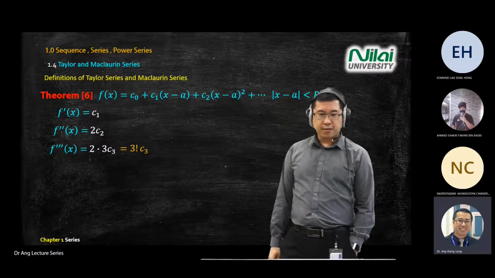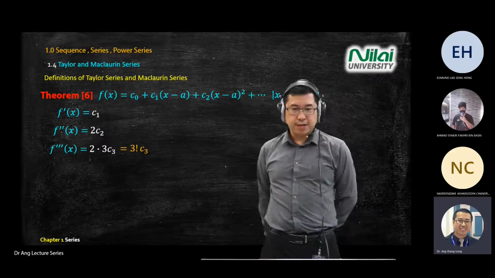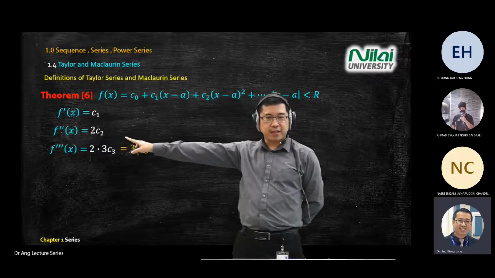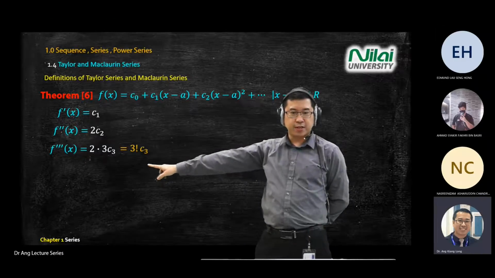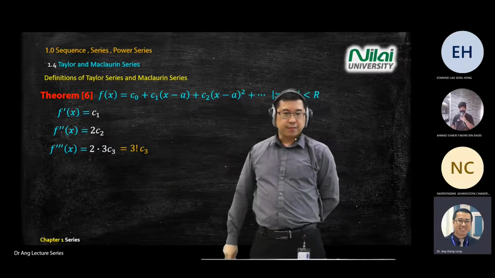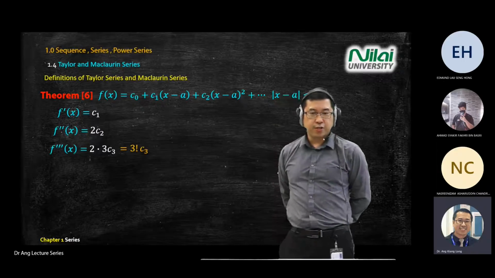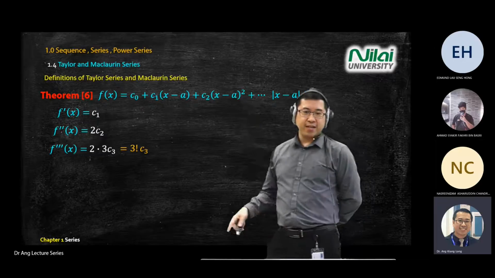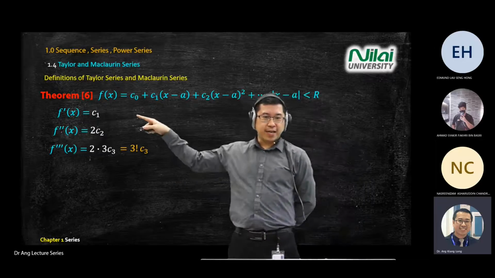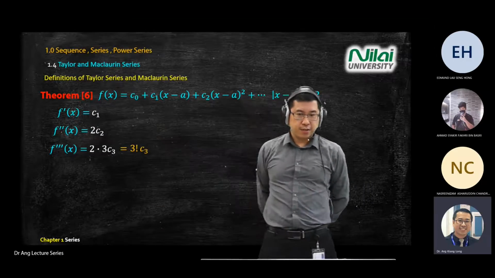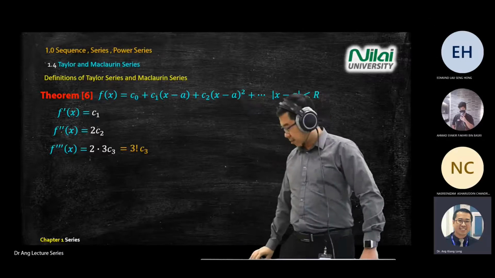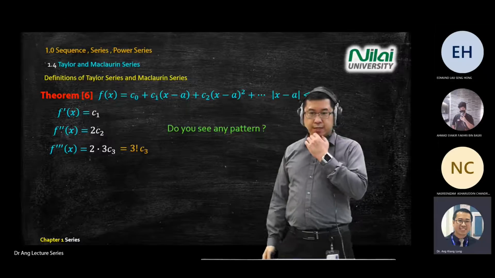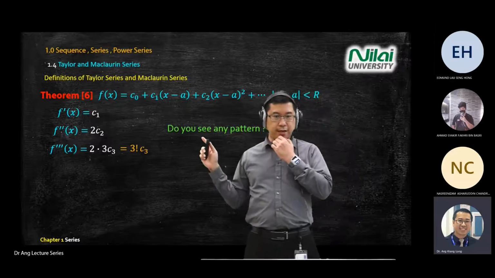Can you try to think, maybe 10 seconds, about how you convert this pattern into the general equation? Use the subscript n or superscript n to represent this set of observations. So again, do you see any pattern over here?